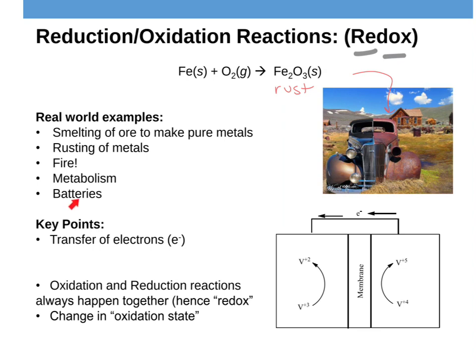And other examples, I mean, this is not an exhaustive list, but like batteries, for example. The lithium ion battery in your phones, the lead battery in your car, or maybe you have a hybrid and it's got some sort of nickel battery, nickel cadmium or something like that. So also batteries. And I have over here a picture of a flow battery, which is going to be a really big thing coming up in the future, just because flow batteries can be gigantic, and that will help us store energy from solar and from wind, which are not consistent sources of energy.